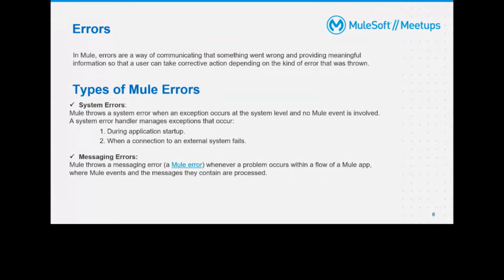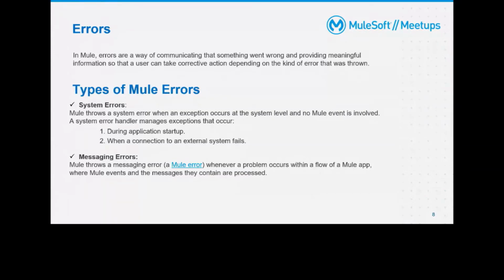One is system error, which is an exception that occurs at system level and there is no Mule event involved. This error may occur during the application startup, or maybe when a connection to an external system fails. So not much can be done about system errors.